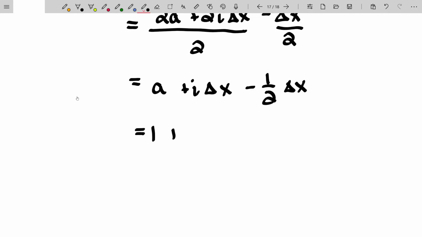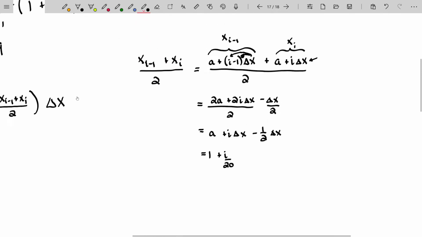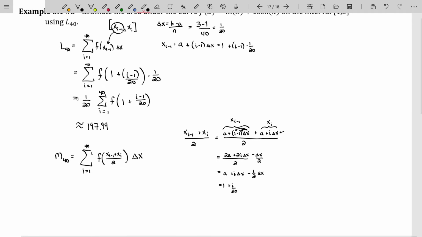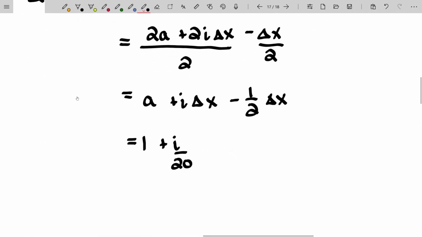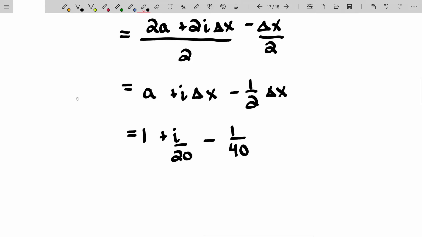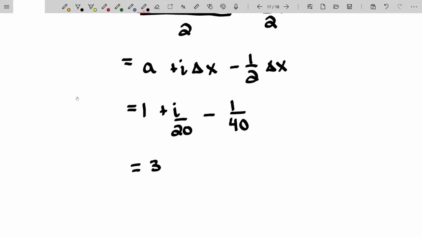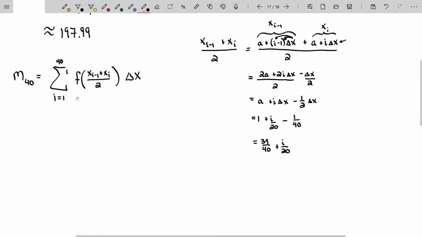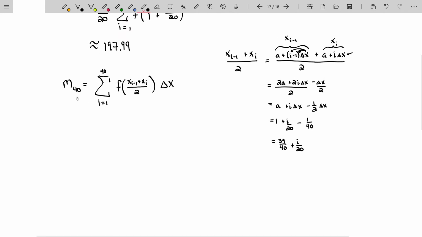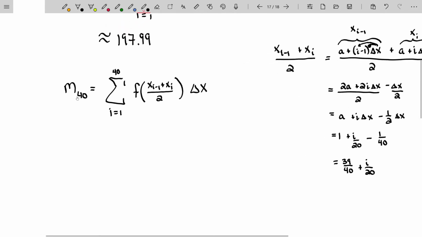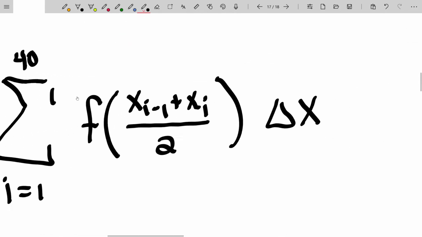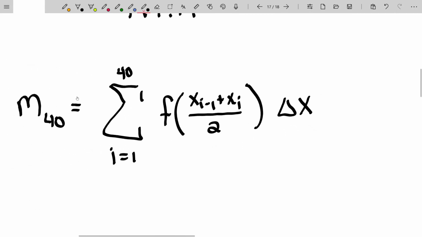We have 1 plus i over 20, because remember, delta x was 1/20th, minus 1/2 of delta x, or in other words, 1/40th. And I could write this as 39/40ths plus i over 20. And now I could just go back over here, because that's 39 over 40 plus i over 20, what this argument of f is going to be.